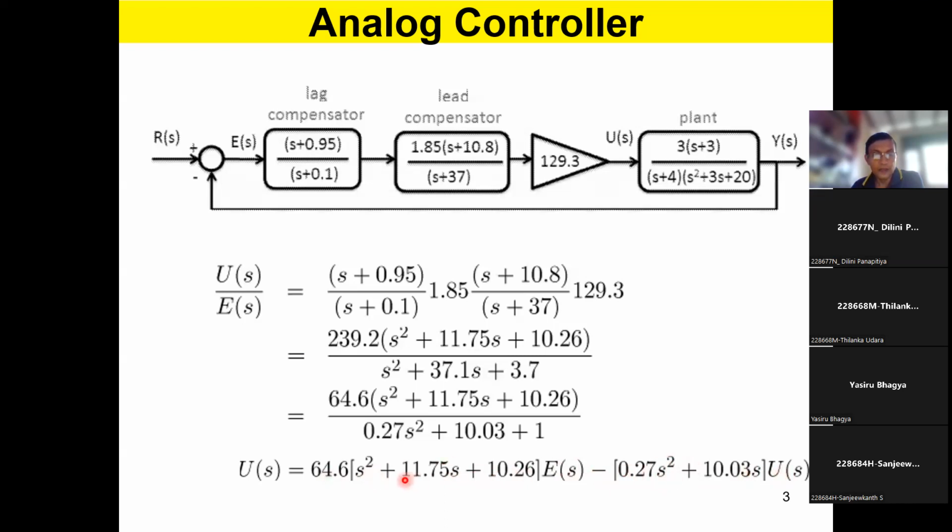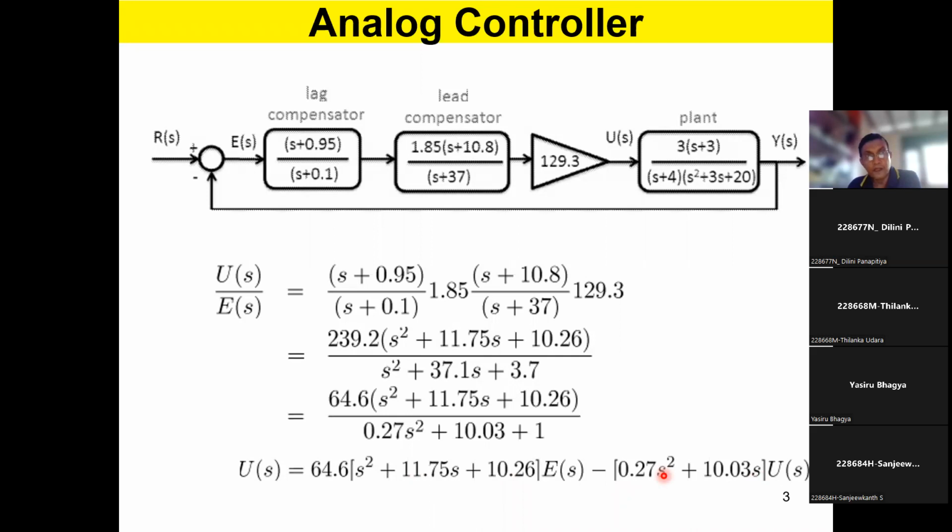I think you're pretty skillful about it. Once you're given an equation like this, you know that this is s times U(s), the rate of change of U(s), and this is s squared, the second derivative, and so on.